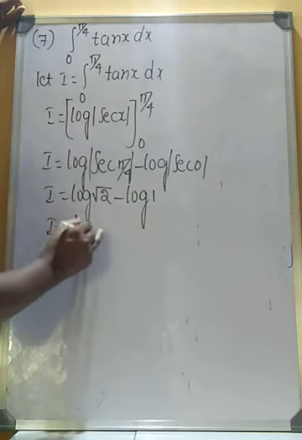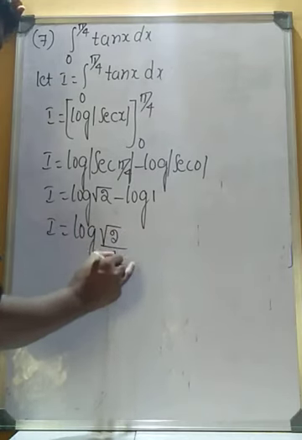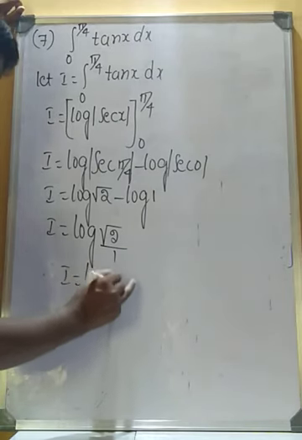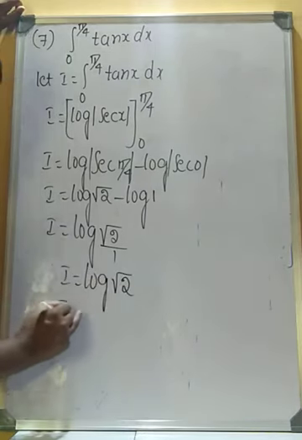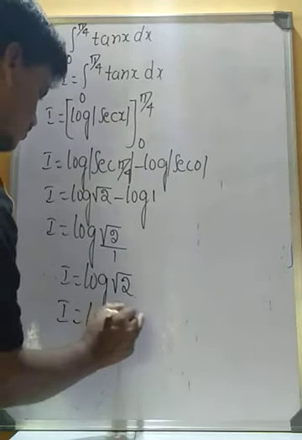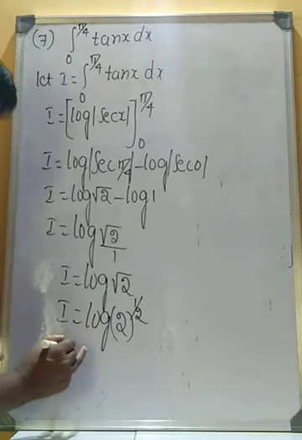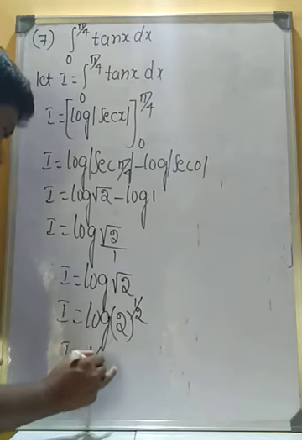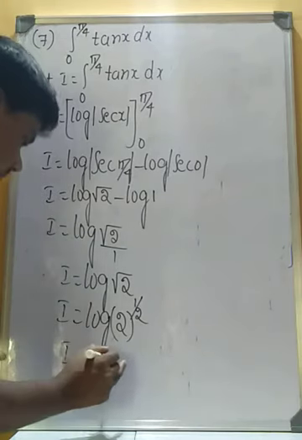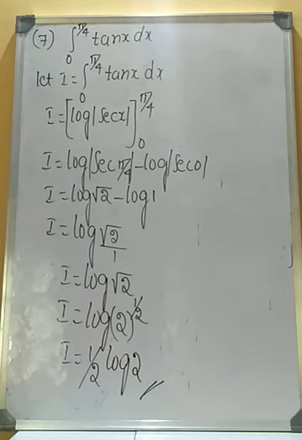Therefore, log A minus log B is log of A by B. Therefore, I equals log root 2, or we can write this log of root 2, root 2 can be written as 2 power 1 by 2. Therefore, I is equal to, log A power B is equal to B log A, that is 1 by 2 into log 2.